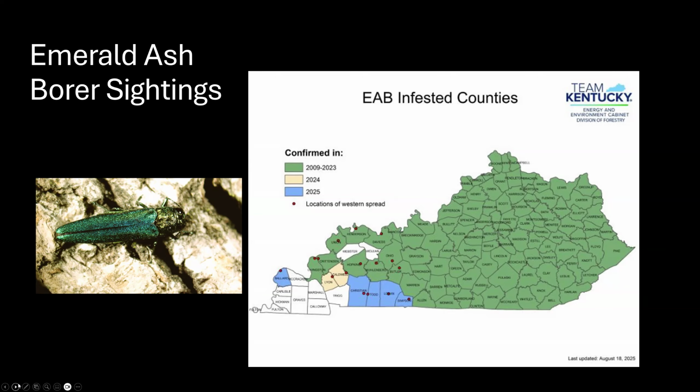This emerald ash borer has been across the East Coast for a long period of time. It's really plagued a lot of the northeastern US, a lot of the Appalachian areas, and it's now made its way into Kentucky, unfortunately. The eastern half of the state got emerald ash borer first, and it's slowly been making its way west.